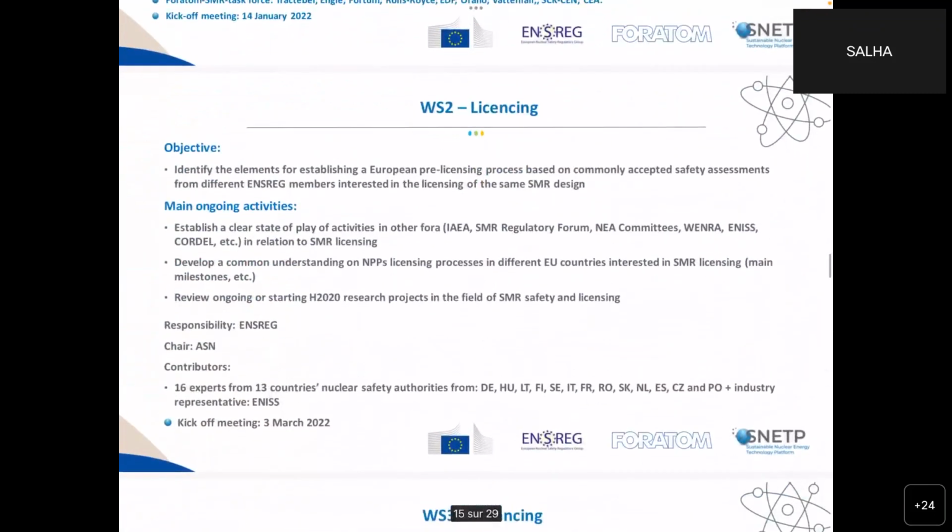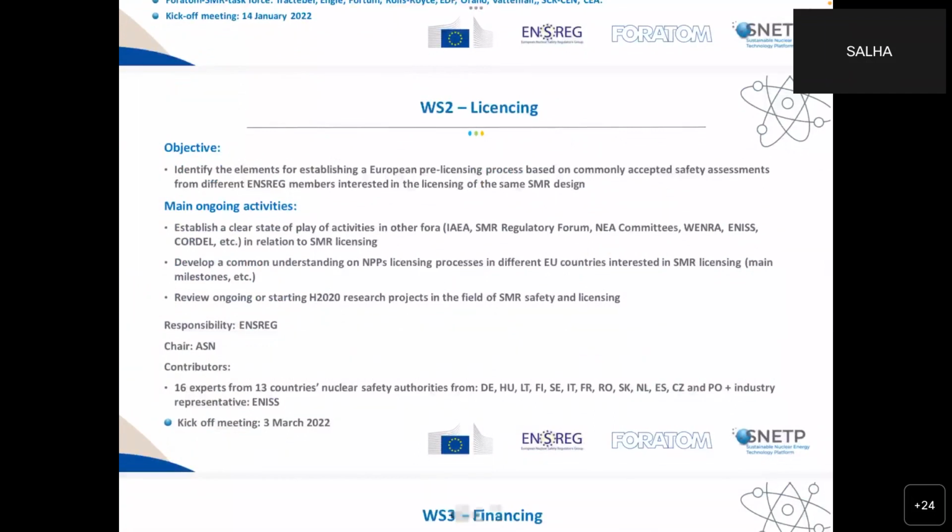Licensing. So licensing is something very, very similar, led by ANSREG, the Association of Nuclear Regulators in Europe. The share is coming from the French Safety Authority, so-called ASN. You have 16 experts from 13 countries, nuclear safety authorities, who are going to be involved.